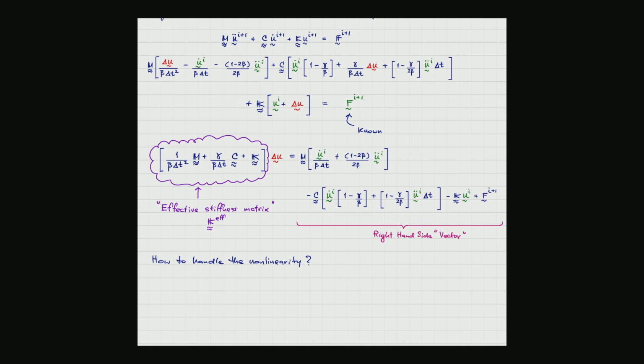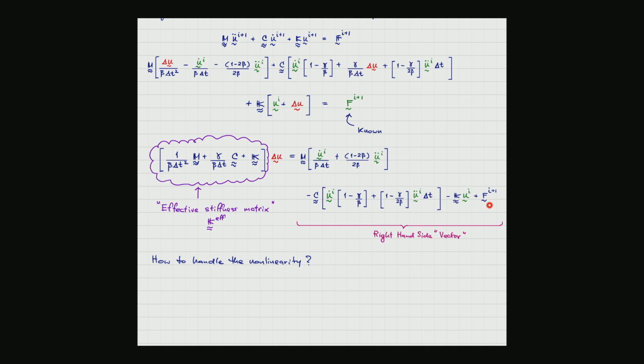What you will do is determine the delta u from one step to step i plus 1. The right hand side terms are all known.